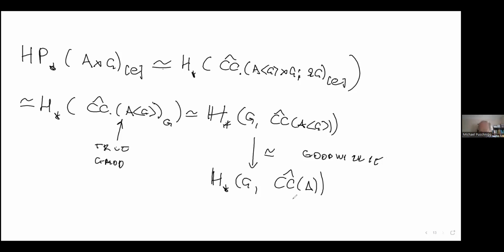This gives you the so-called elliptic part. Namely, the elliptic part is the contribution of all conjugacy classes of torsion elements different from the unit element. And you get that HP star of A cross product with G, elliptic, is the following.